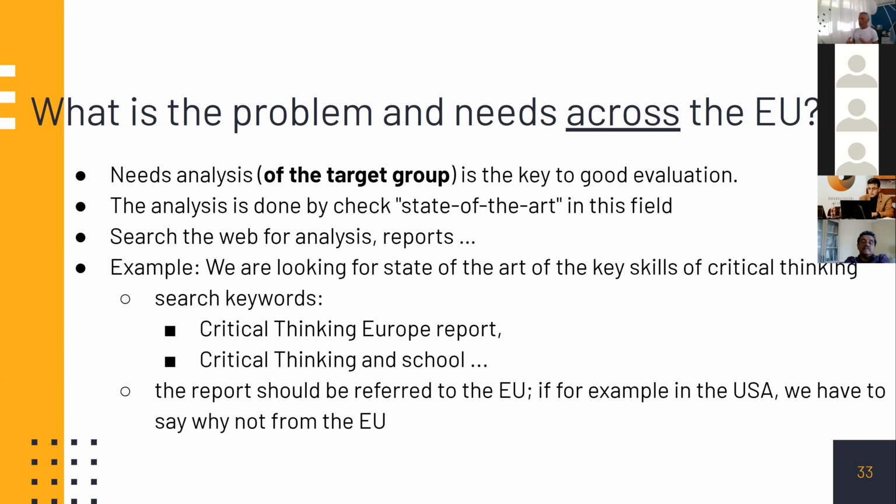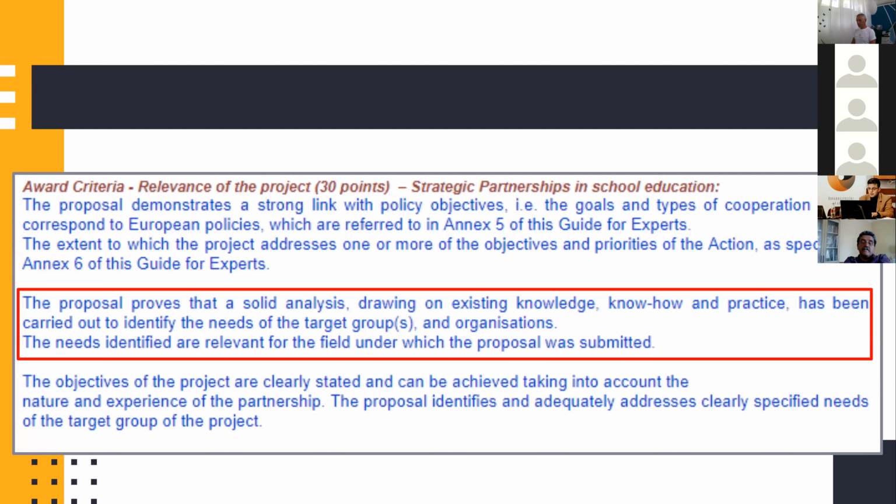I already found sometimes a problem which already exists in the USA, but is still not a big problem in the EU. But you can say, based on previous experience, that it will happen also in the EU. So we can use what they have in the USA and try to figure out how we will solve this in Europe. So this is how you really prove what the problem is across Europe.